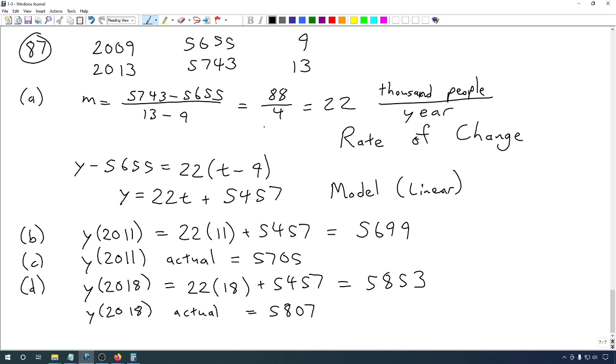We might have used that along with one of these 2 points up here and maybe gotten a better estimate. Unless we work that out ourselves, we might not know. But the point here is that this is a simple way of generating a prediction that may or may not be accurate, depending on whether or not our actual situation is linear or not.